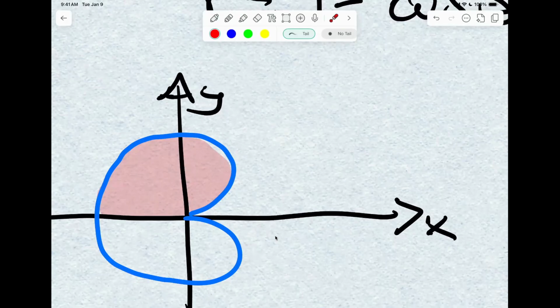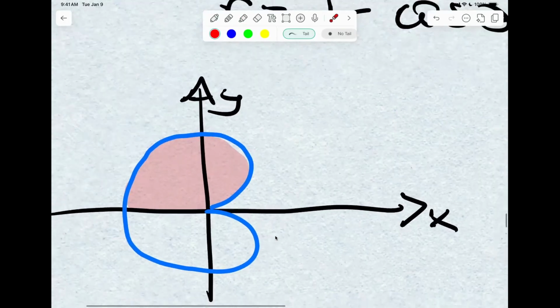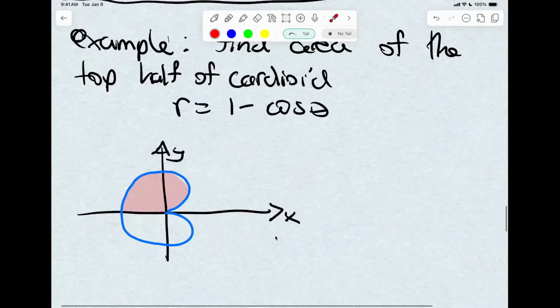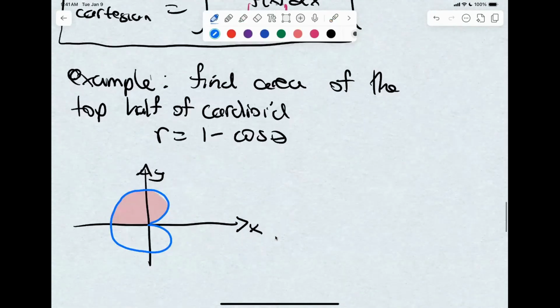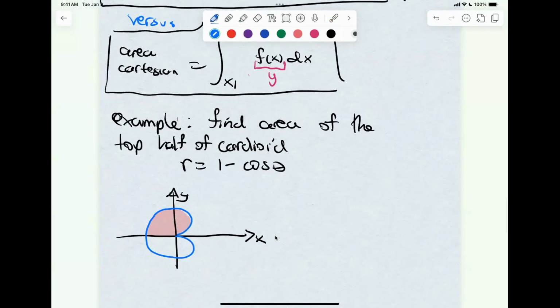So in this case, theta would go from 0 to pi.